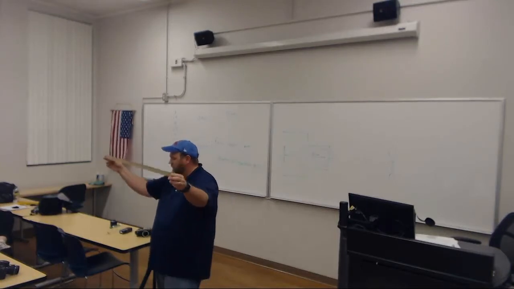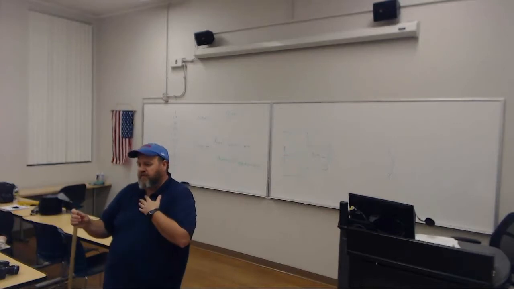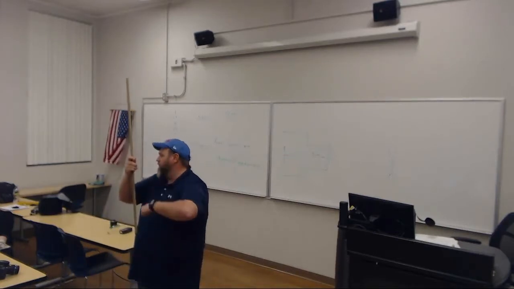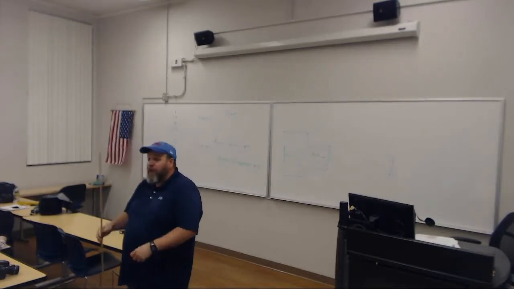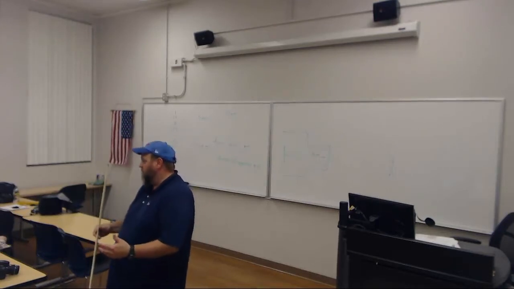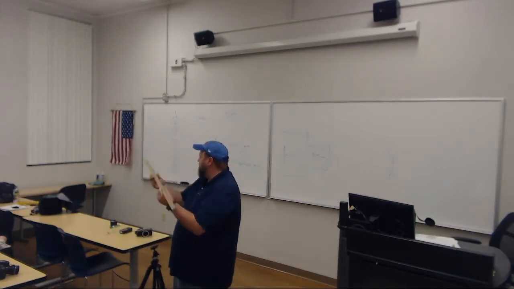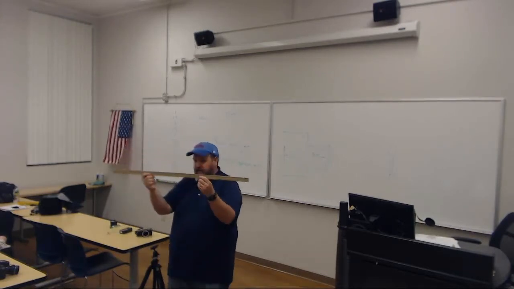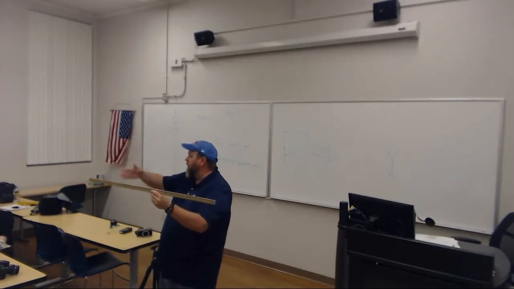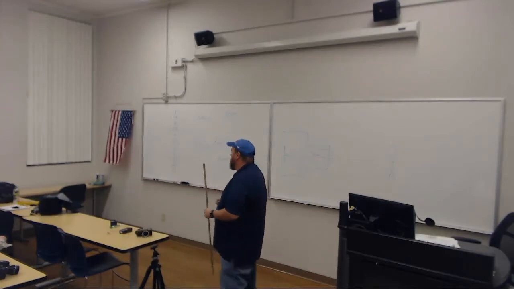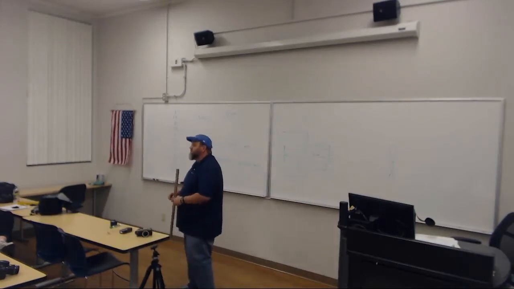You with me so far? If we were measuring my height, we could say, okay, he's a little under 2 meters. If we wanted to be more precise than that, though, we could break this into smaller units. If we were to take this meter stick and slice it into 100 small segments, each of those small segments would be a centimeter.